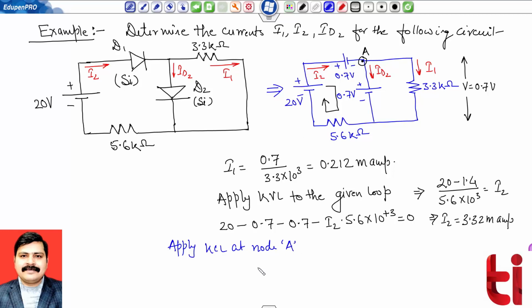So we will have current I2 equal to ID2 plus current I1.